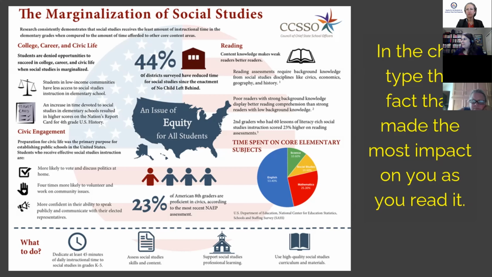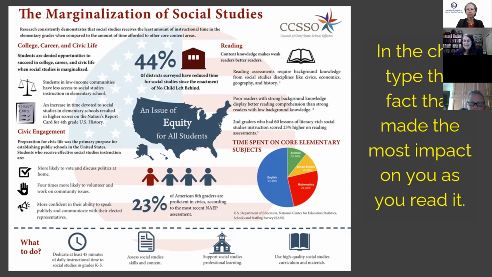And some of the things that really have come out is this idea that poor readers with strong background knowledge display better reading comprehension than strong readers with low background knowledge. And this was the Daniel Willingham study on baseball, where students with a strong background knowledge of baseball outscored their peers who were higher readers but had no knowledge of baseball.